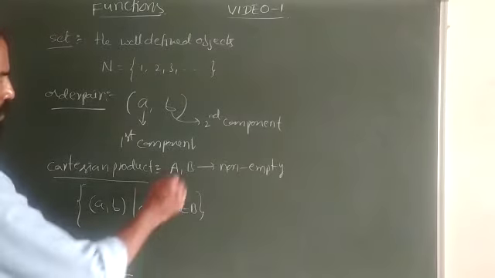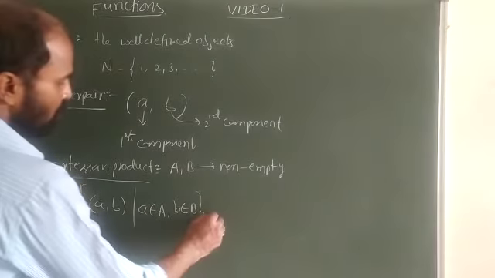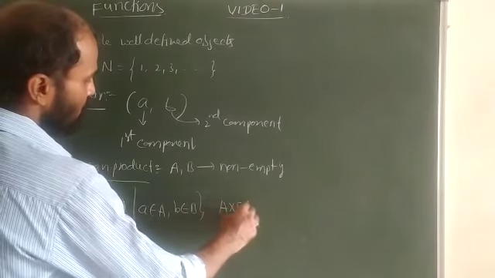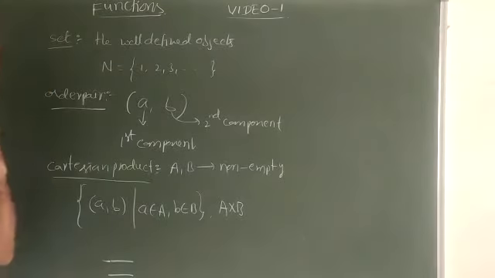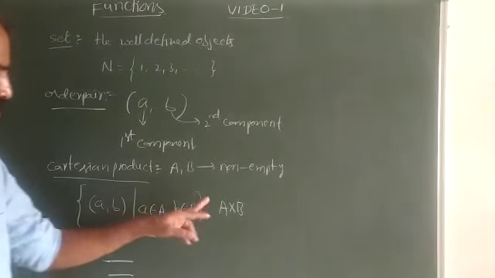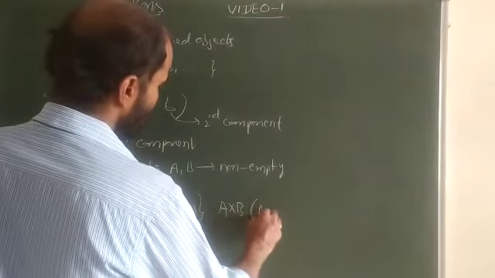The Cartesian product of A and B is denoted by A cross B.